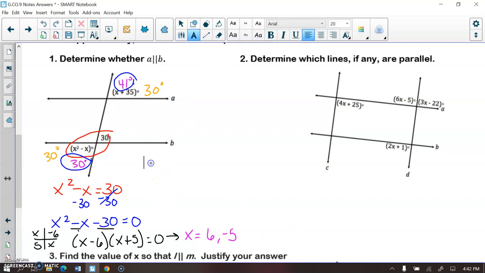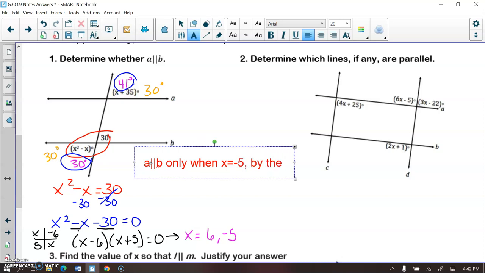So line A is parallel to line B only when x is equal to -5 by the converse of the alternate exterior angles theorem.